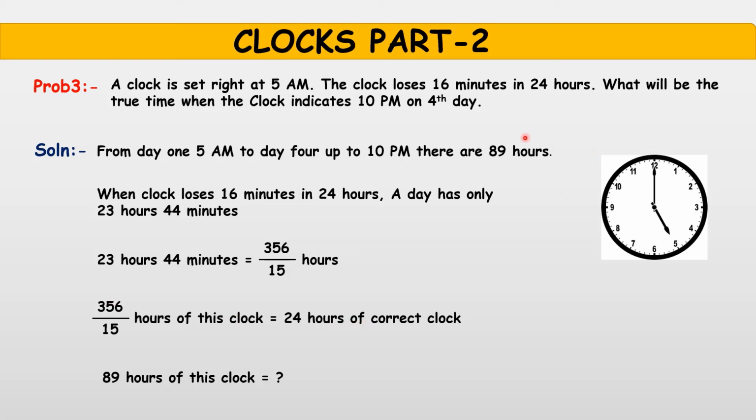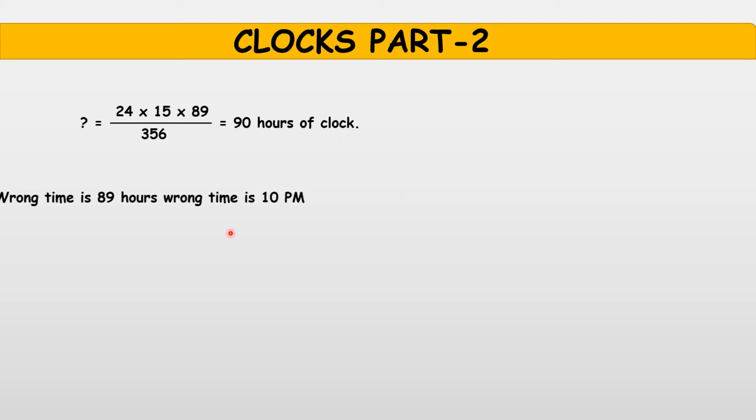Now we have 89 hours after losing. So what is the correct time? Put it in an equation: 24 into 15 into 89 by 356. After solving this you will get 90 hours of the clock, which is the right time. When the wrong time is showing 89 hours.